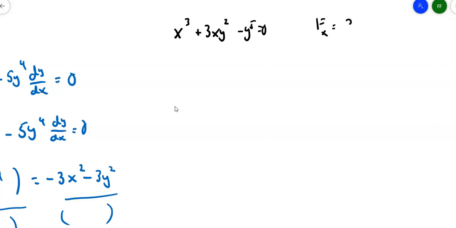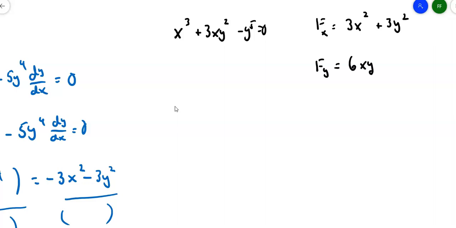So that'll give me a 3x squared. If I take the partial with respect to x down here, then I just get a 3y squared. And the last term just becomes a 0. The partial with respect to y then, the first term is 0. The second term is going to be 2 times 3, so 6xy.